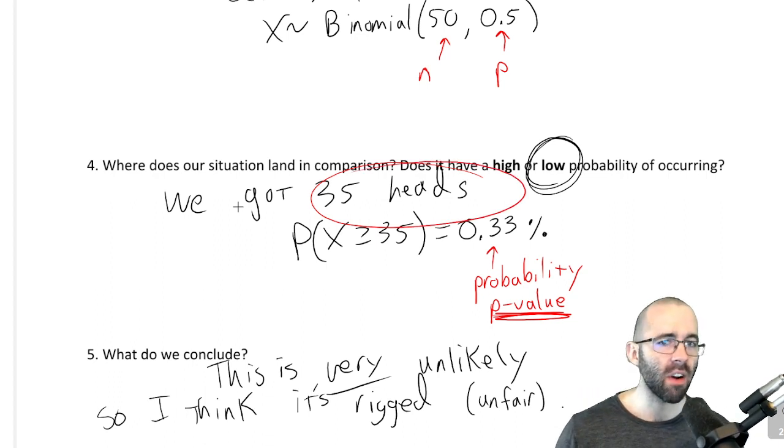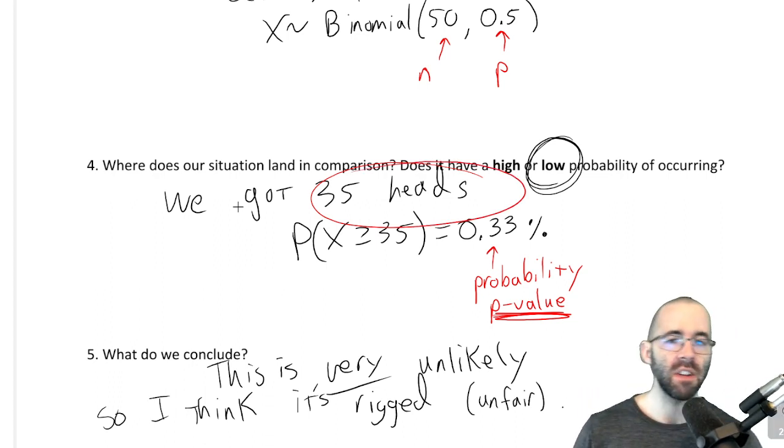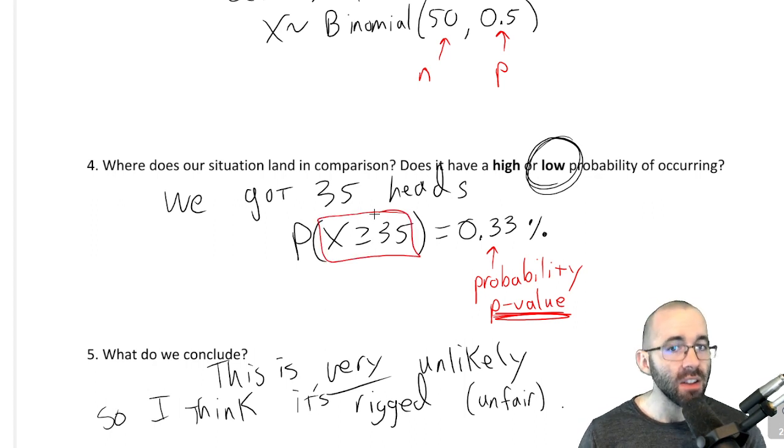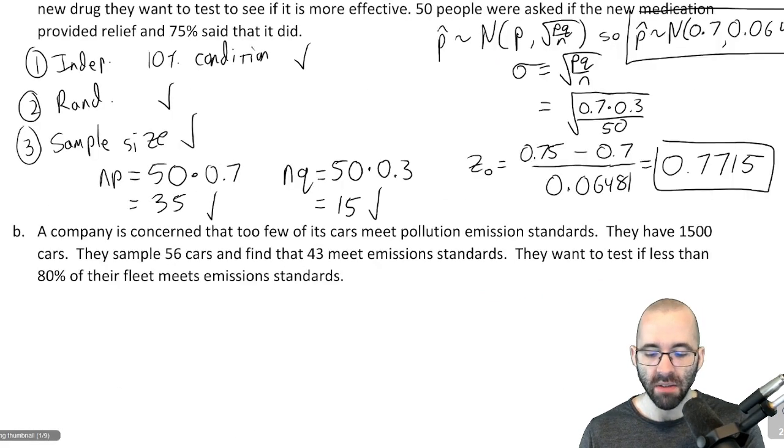Look at what happened with our evidence. We flipped the coin 50 times. We got 35 heads. What's the chance that would have happened? Or even something more extreme. So notice that we didn't find the probability that we got exactly 35 heads, but the probability that we got at least 35 heads. That's what p-values are going to be all about here.